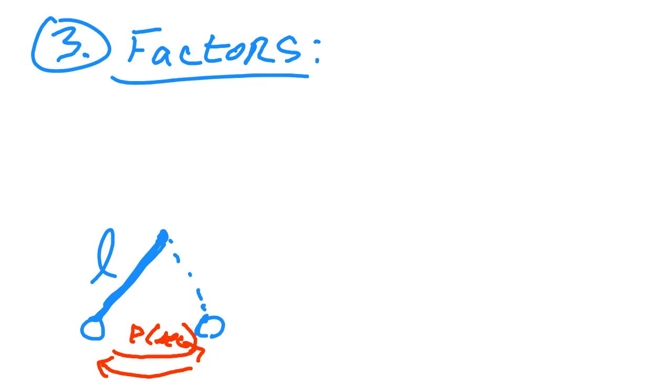I guess it wants P as a function of L. Let me go back to the problem. One complete oscillation is just the back and forth. So we're going to let P be the period in seconds.